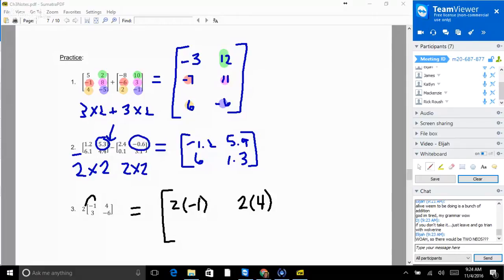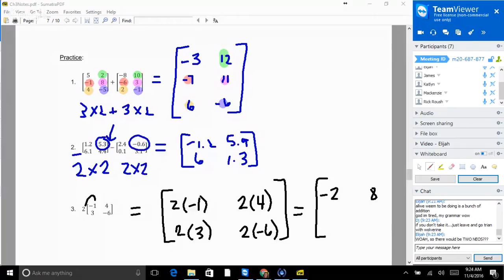In my second row, first column, I'm going to multiply 2 by 3. And in my second row, second column, I'm going to multiply 2 by negative 6. Okay, so 2 times negative 1 is negative 2. 2 times 4 is 8. 2 times 3 is 6. And 2 times negative 6 is negative 12.